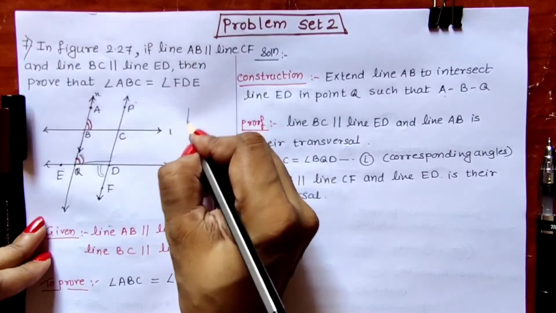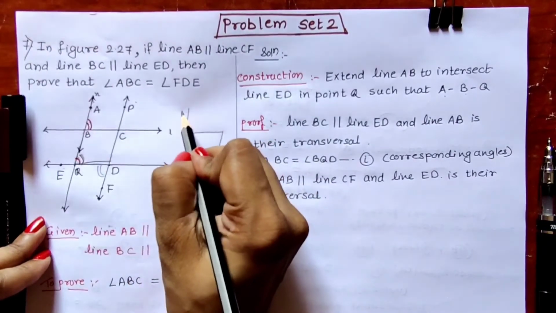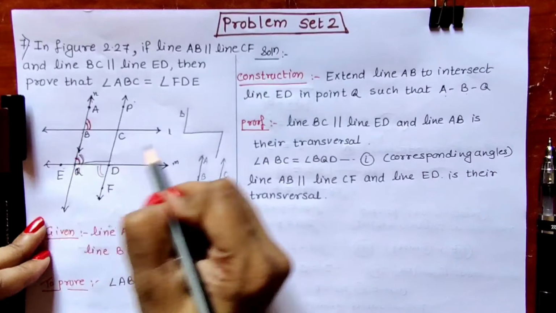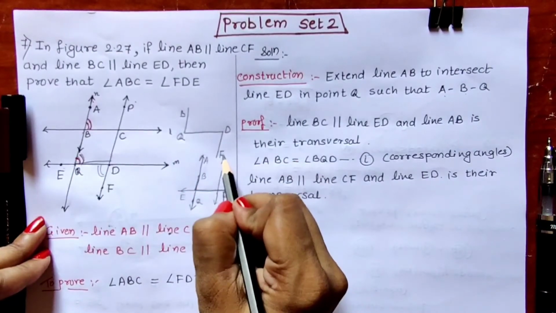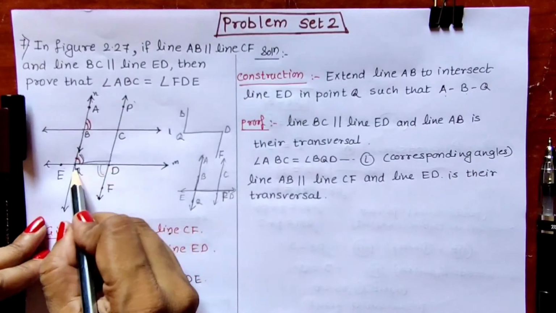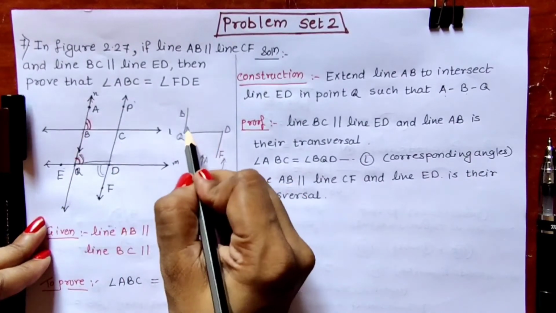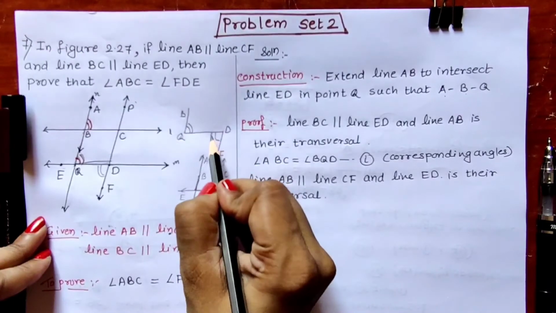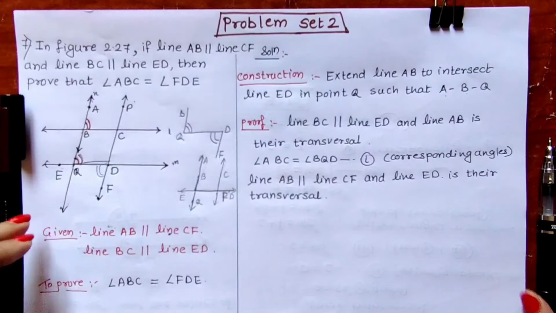You can see Z. The shape of Z is formed. Here point B, here point Q, here point D, and here point F is there. So this is FDQ and this is BQD. We can see they are in the figure of Z. That means they are alternate angles, and alternate angles are congruent with each other.